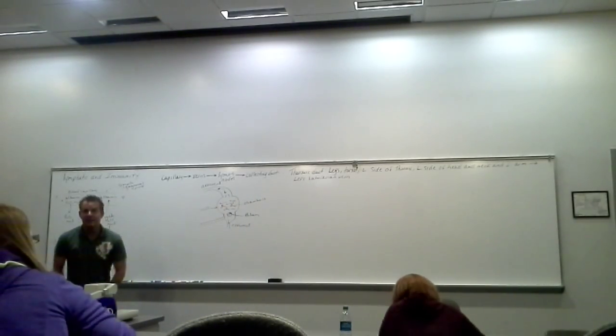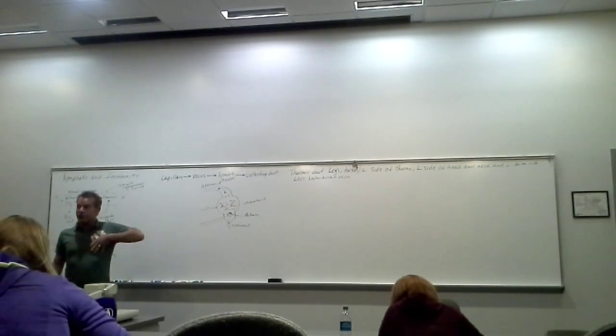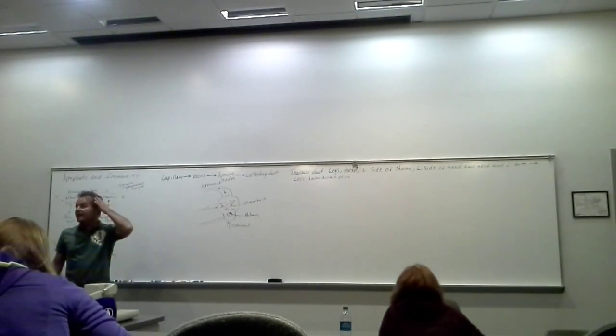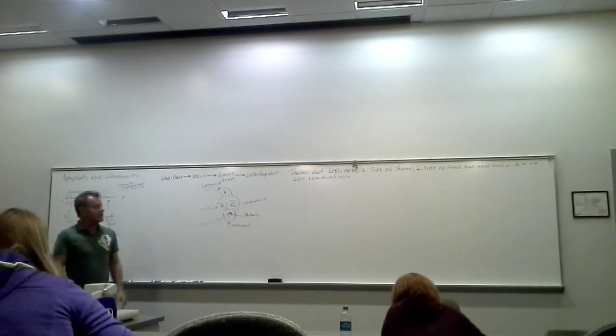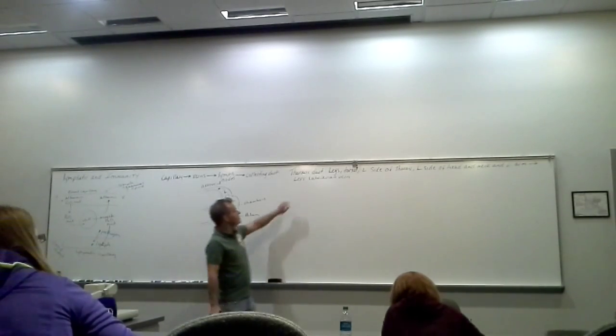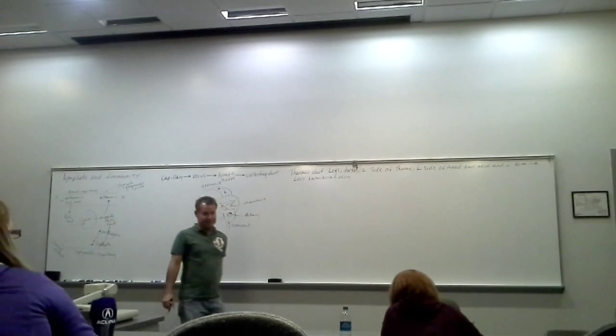So the legs, the torso, the left side of the thorax, the left side of the head and neck, and the left arm. And then it's going to dump that lymph into circulation at the left subclavian vein.